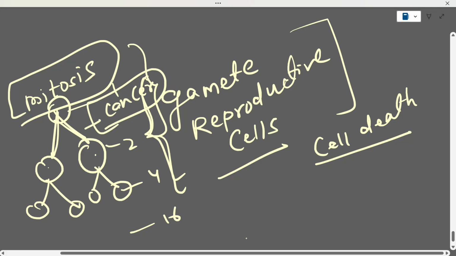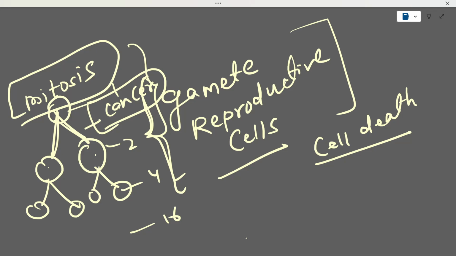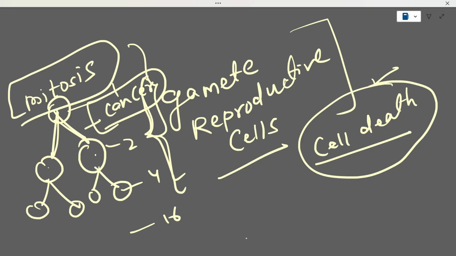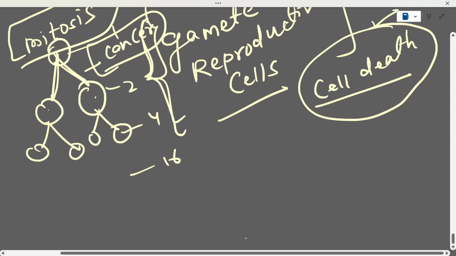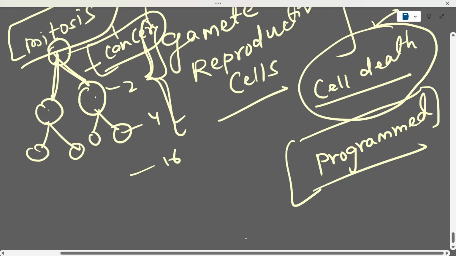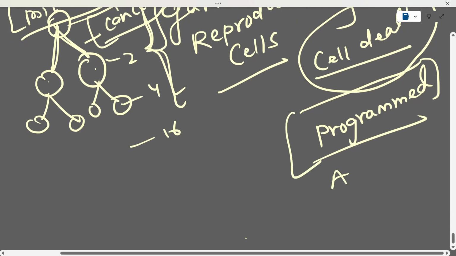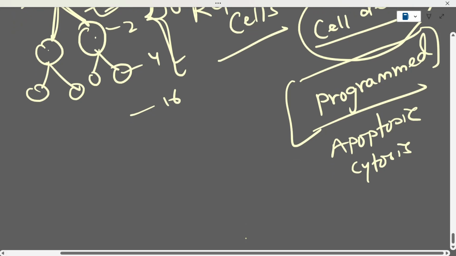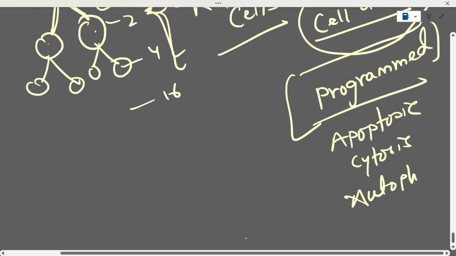But it doesn't happen that such exponential growth leads to the development of more organs or more cellular structures, because along with cell division, cell death also occurs simultaneously. All cells which are not necessary are killed in a programmed manner, which may take many forms such as apoptosis, cytosis, autophagy, necrosis.